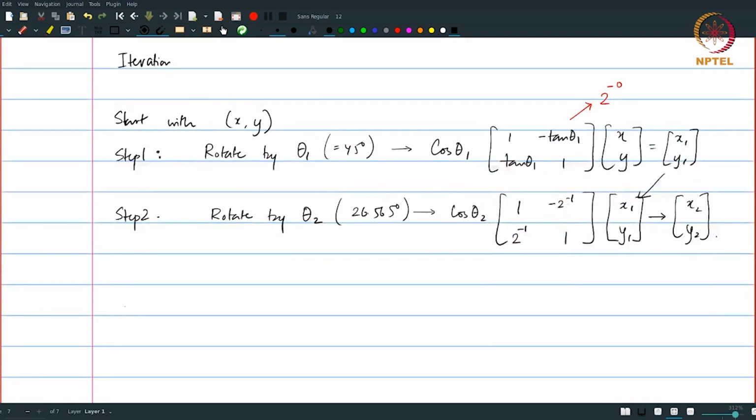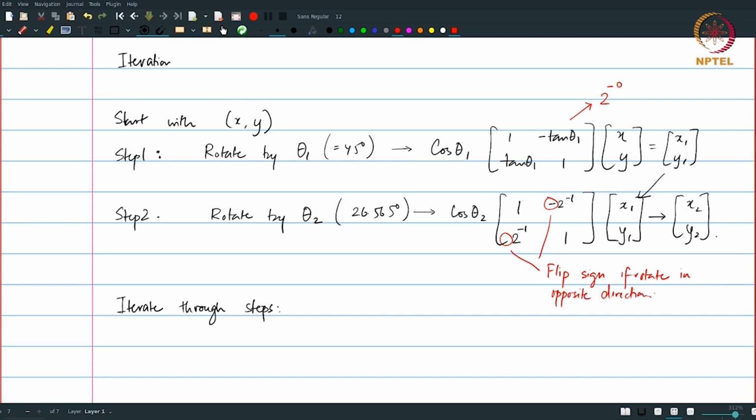If I iterate through many steps, of course what I would need to do is change the sign of the theta 1 or theta 2, or change the sign of this tan theta component, if I want to rotate in the opposite direction for convergence, right?